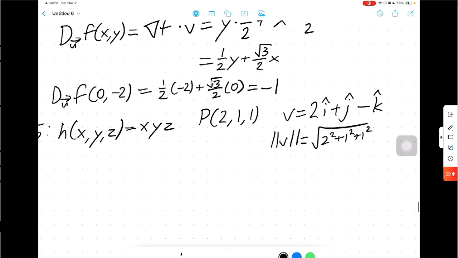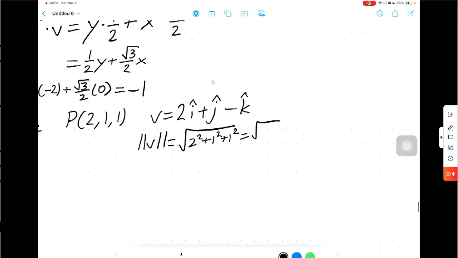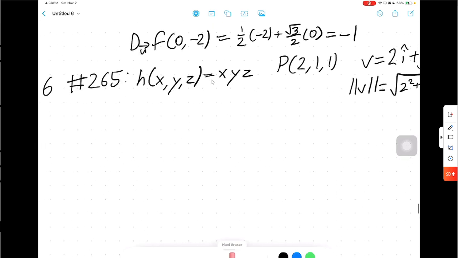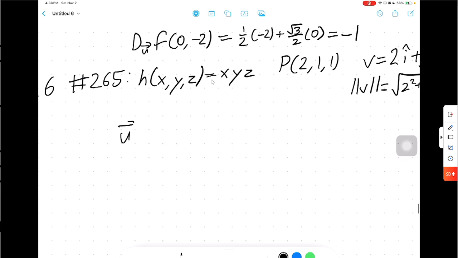Here the magnitude is not 1, it's root 6, so we're going to have to get the unit vector first. So it's just 2 over root 6 i plus 1 over root 6 j minus 1 over root 6 k.